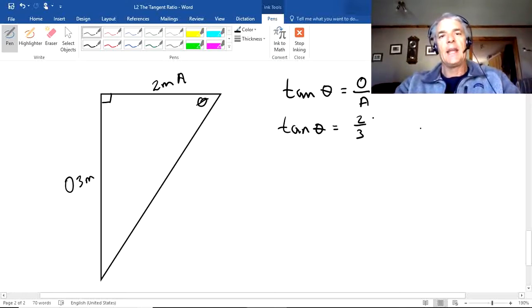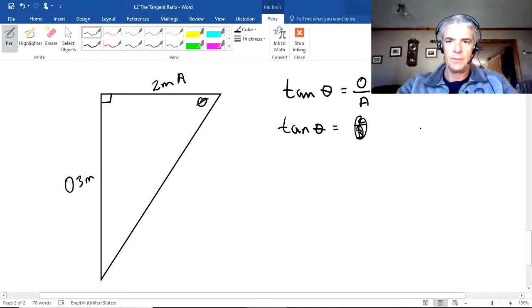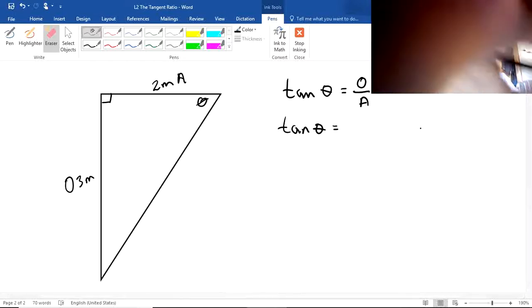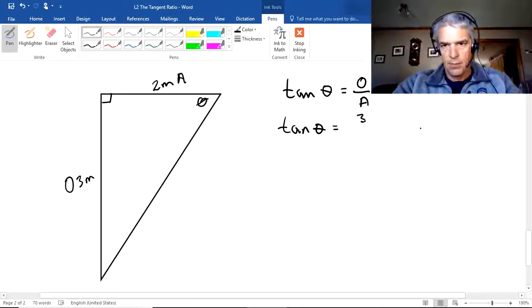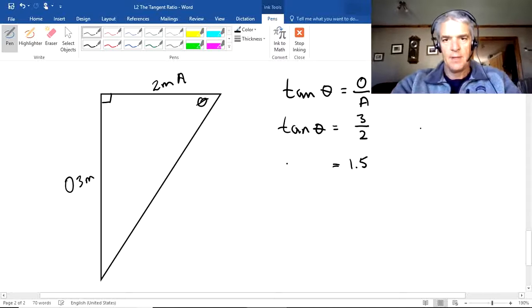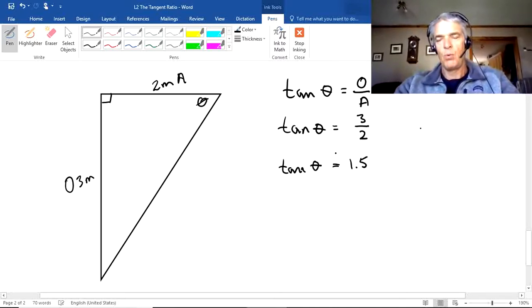Oh, sorry, I apologize. Correction. Let's correct that. The opposite is 3, so it's 3 over 2. I can divide this. What is 3 divided by 2? Well, that equals 1.5. So my tan theta equals 1.5.